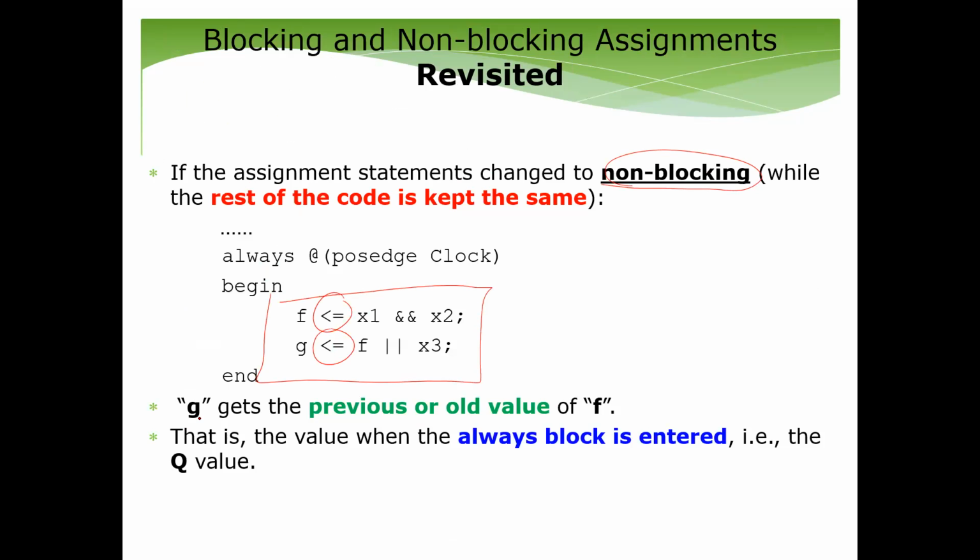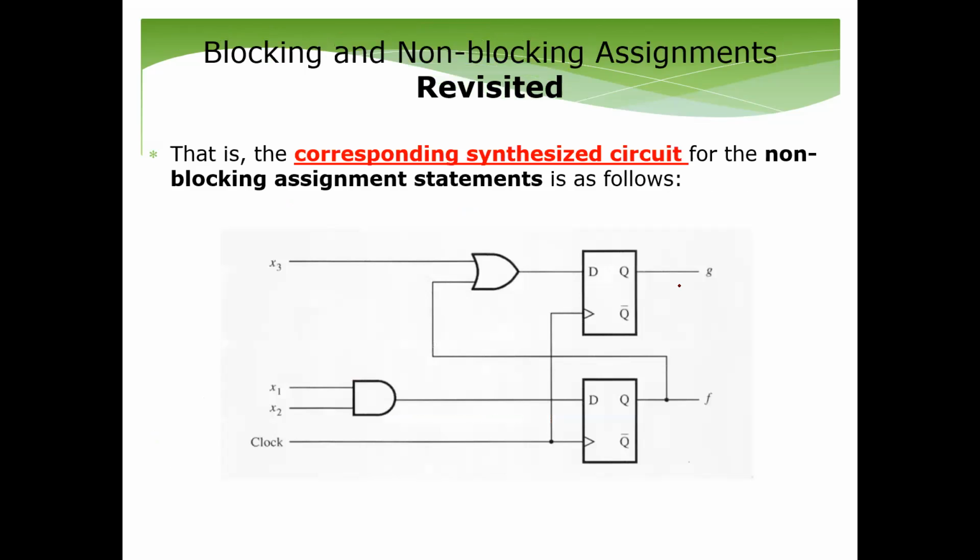Just as we mentioned, g will get the previous or old value of f. It will not take the updated value of the current cycle. Okay, and that's the circuit that we drew first when we wrote the equations. The value of f will be routed to the input of the next flip-flop.